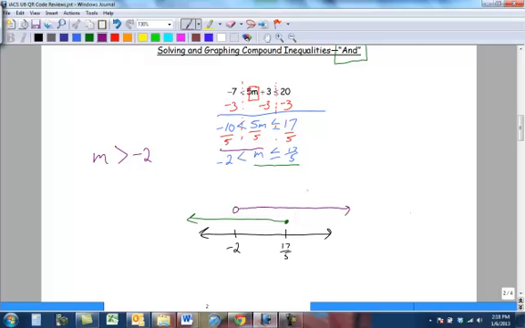Okay, so because there's two inequalities stuck together, this is an and problem. So we're looking at this section of this graph where both lines occur. Right here, I only get one line, right? So this is not an and solution. But right here, we start getting both lines.